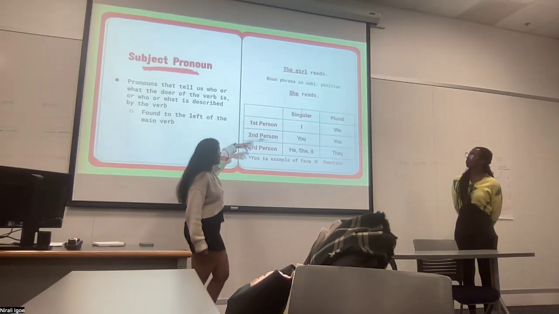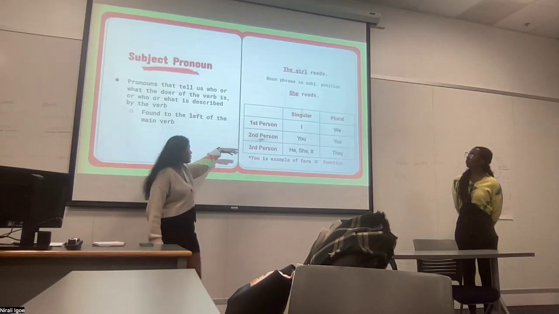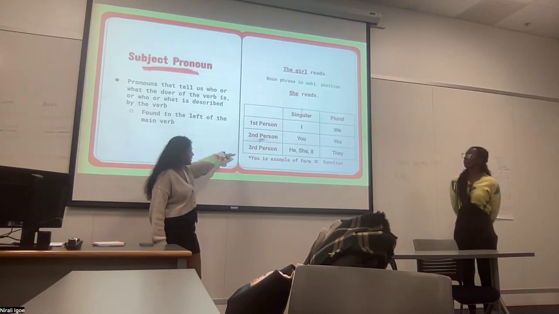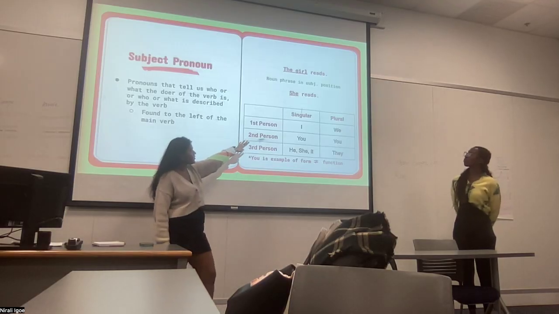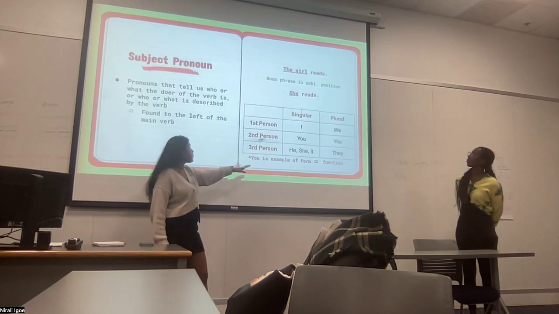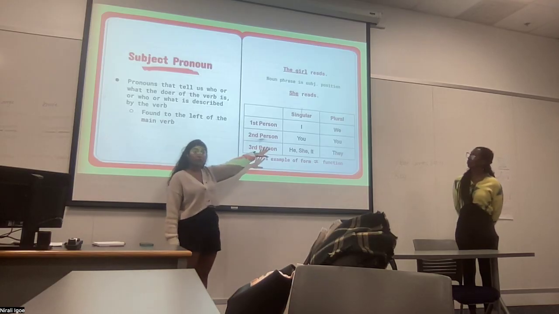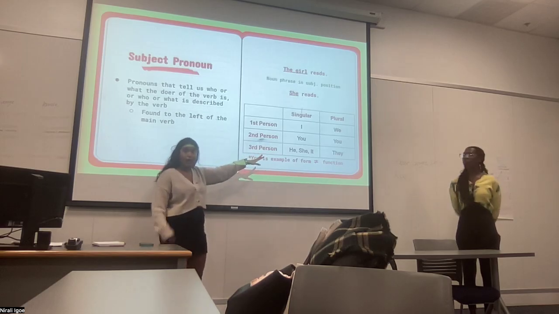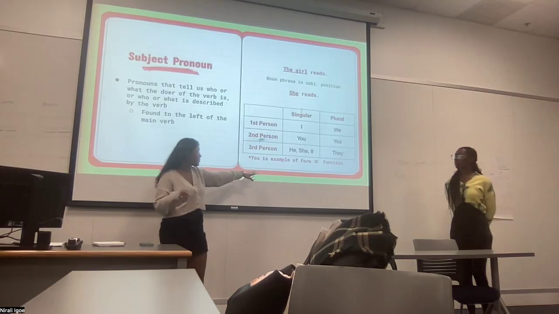Okay? So for all of our subject pronouns, our first person singular, I, second person, you, third person, he, she, it for singular. For plural, we, you, and they. As we can see, you stays the same for the singular and for the plural, as well as for our next few pronouns.